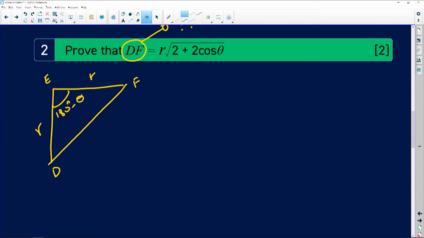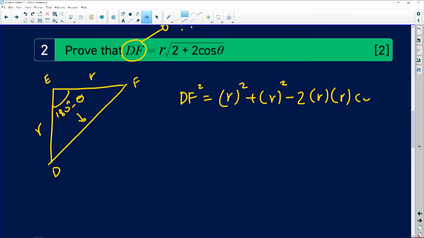So according to what we know, DF squared is equal to that side EF squared, which is R squared, plus the other side, which is R squared, minus 2 times R multiplied by the cosine of the included angle, which is simply 180 degrees minus theta.